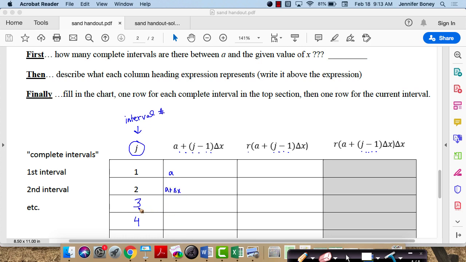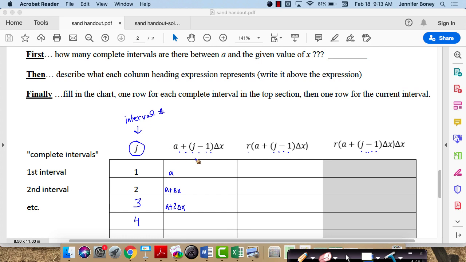If j is 3, I get a plus 2 delta x. What are these? Are these rates? Are they amounts of sand? Are they time? Yeah, they're different x values. They're going to be put into the rate function.